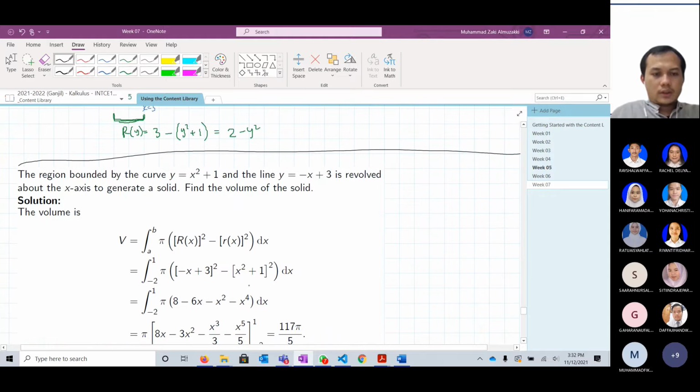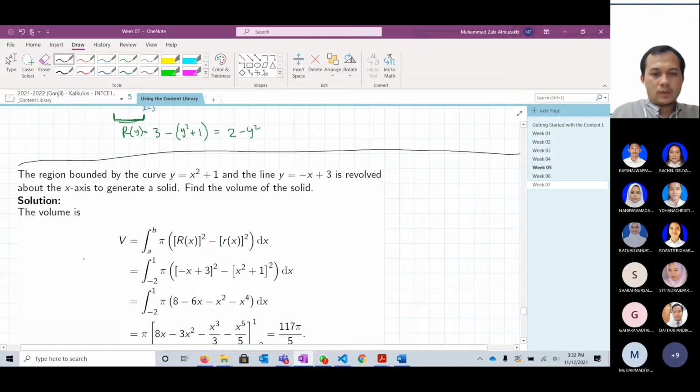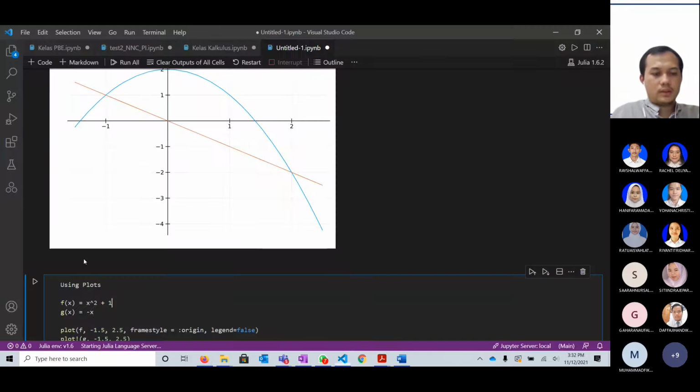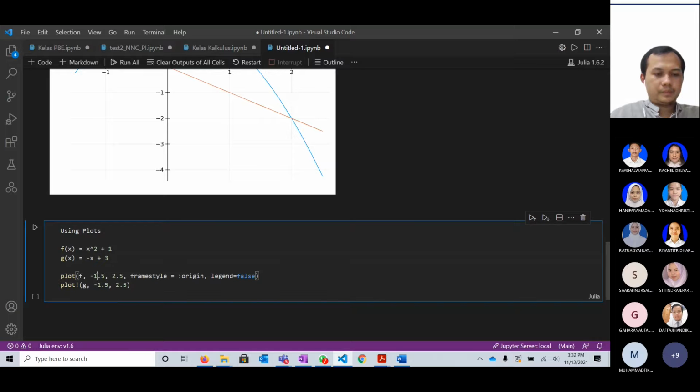The first one is x squared plus 1, and the second one is the line minus x plus 3. And we draw, let's say, from minus 3 up to 2.